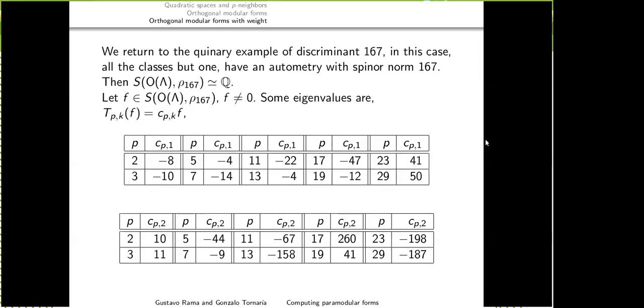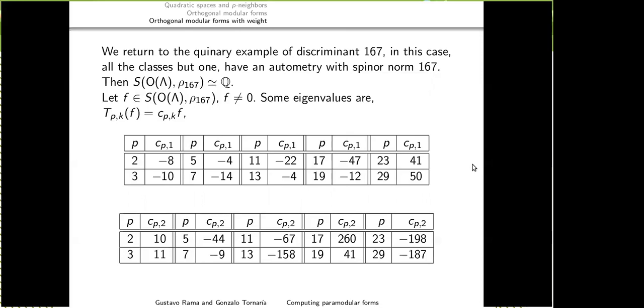Now, if we take any form that is not 0, we can compute some eigenvalues like this. We have computed a lot more, and I think that we are the first ones to compute these eigenvalues.